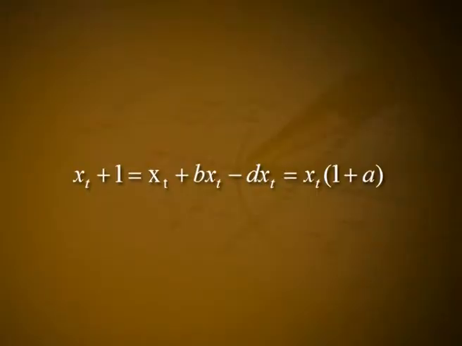Nonlinear difference equations. Let x_t be the population at time t, and let births and deaths in time interval t to t+1 be proportional to x_t. Then the population x_{t+1} at time t+1 is given by x_{t+1} = x_t + b x_t - d x_t = x_t(1 + a).